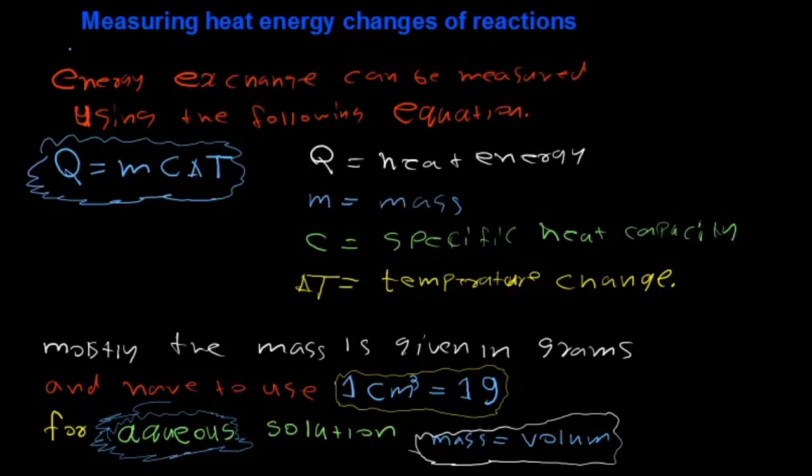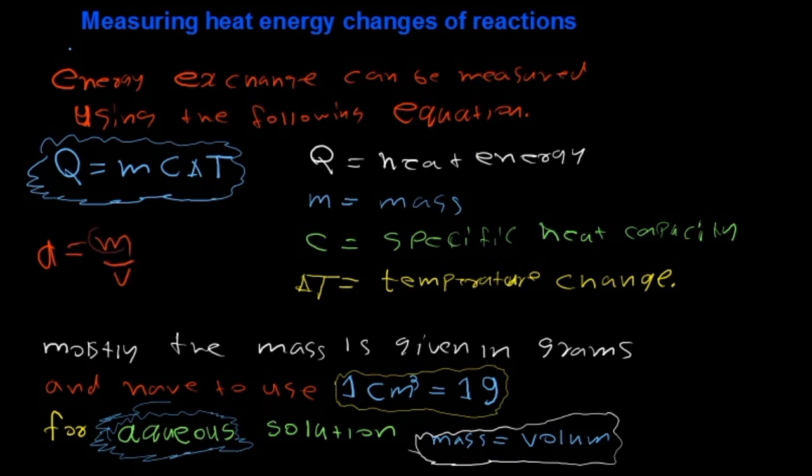How to measure the stuff? You can measure energy changes using the following equation: Q equals mc delta T. In this, Q is the heat energy, m is the mass, C is the specific heat capacity, and delta T is the temperature change. The mass is given in grams. 1 cm3 is equal to 1 gram, because density equals mass over volume.